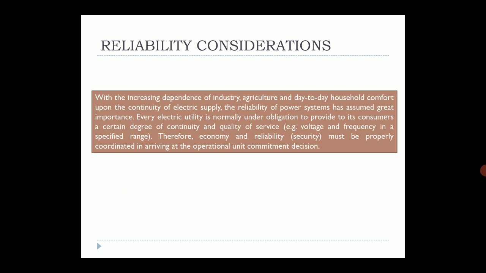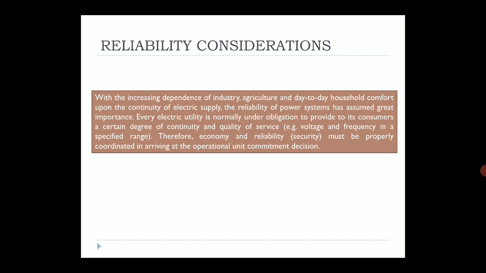Every electric utility is normally under obligation to provide to its consumers a certain degree of continuity and quality of service, that is voltage and frequency, in a specified range. Therefore, economy and reliability, that is security, must be properly coordinated in arriving at the operational unit commitment decision.